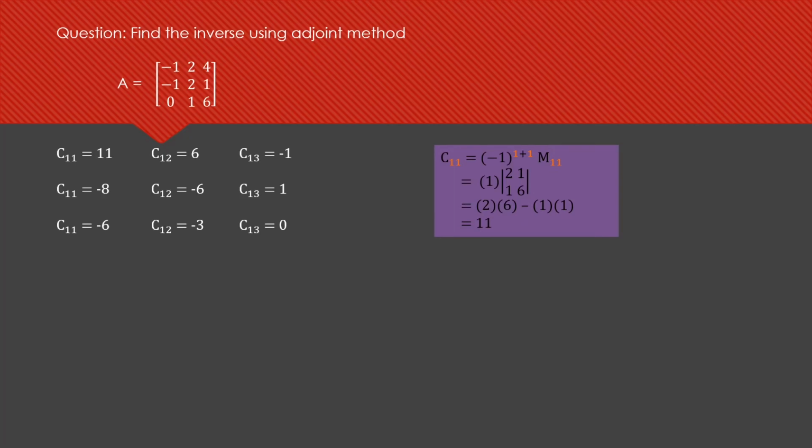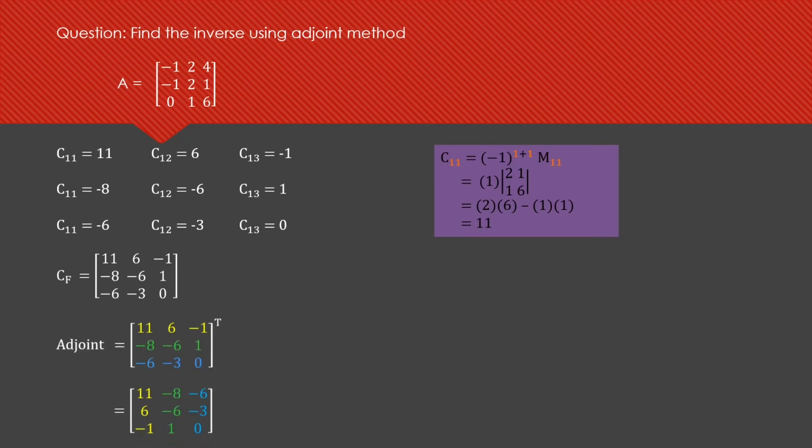Using that concept, find other values and construct cofactor of matrix. How to find adjoint? Well, adjoint equals to the transpose of cofactor matrix A. Familiar with the word transpose? Row 1 will be column 1, row 2 will be column 2, row 3 will be column 3.